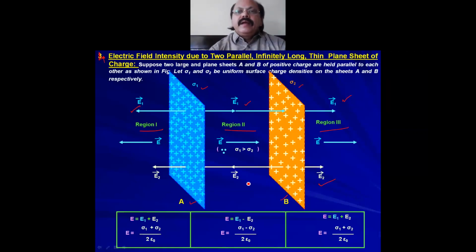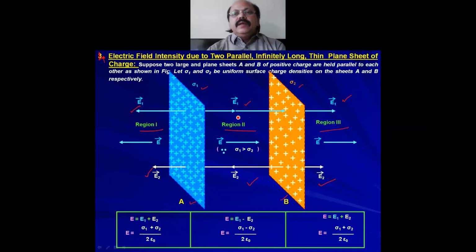But you see in the second region, the direction of the electric field intensity due to plate A and plate B is in opposite direction. In region 1 and region 3, E1 and E2 are in the same direction, but in region 2 they are in opposite directions.